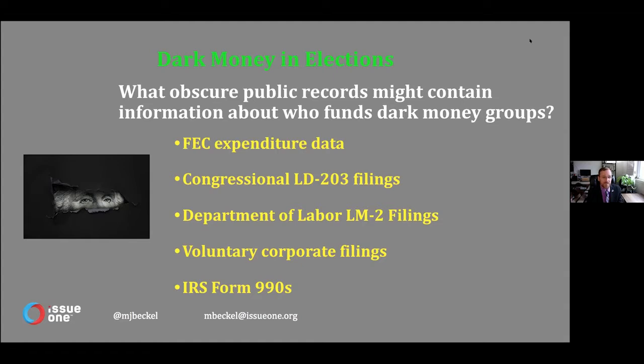There's a group called the Center for Political Accountability that runs a website called trackyourcompany.org that has a really good list of all the companies that have those voluntary disclosures. And if you're looking at a nonprofit, all nonprofits have a requirement to file a 990 report with the IRS, and there's expenditure data that gets reported on those forms.